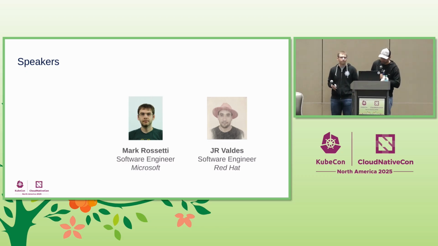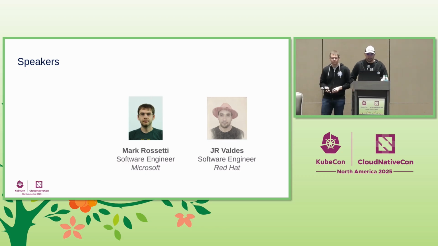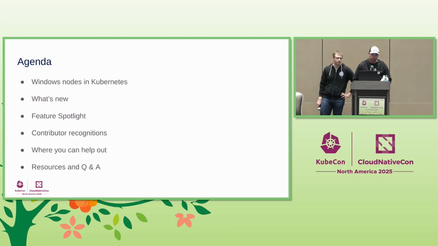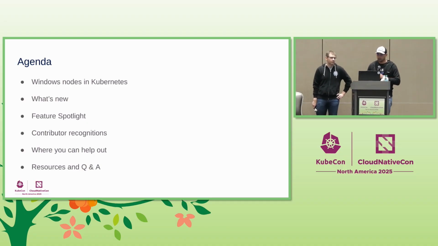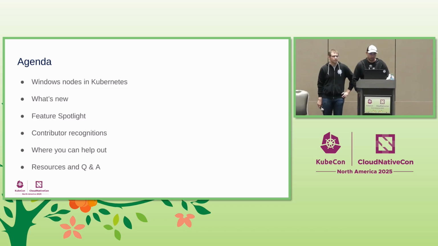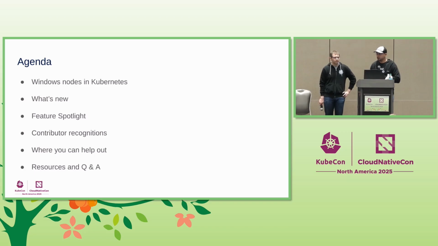Hey everybody, my name is JR, working at Red Hat in OpenShift, maintaining Windows Node across the OpenShift ecosystem. So for today, we're going to do a little bit of refreshment on how Windows Node has been evolving within the Kubernetes ecosystem. Also, what's new, a feature spotlight, a couple of features that we would like you to see how they work in real life.